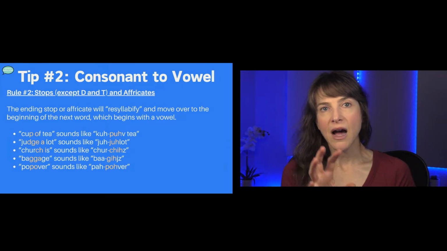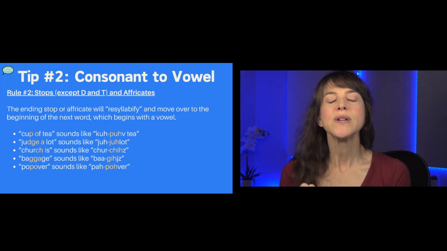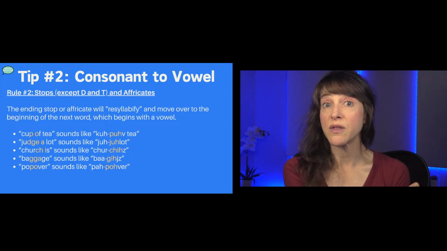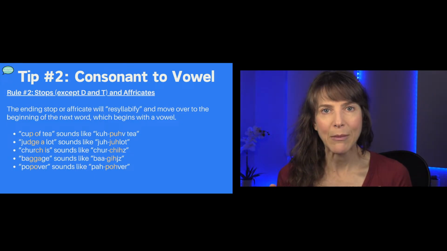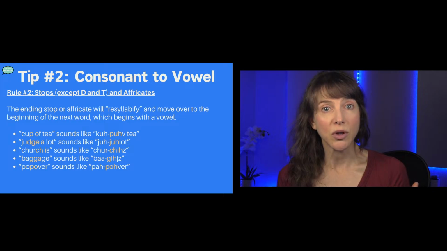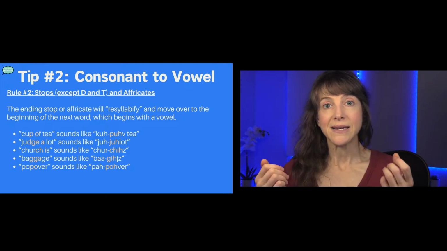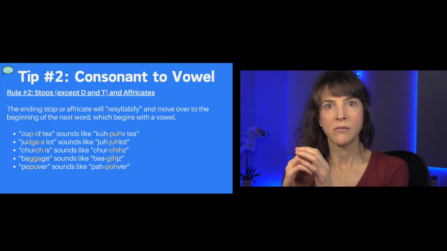The ending stop or affricate, that consonant, will resyllabify and move over to the beginning of the next word, the word or syllable that begins with the vowel. So think about syllables. In this example, that consonant is going to be at the end of a syllable.